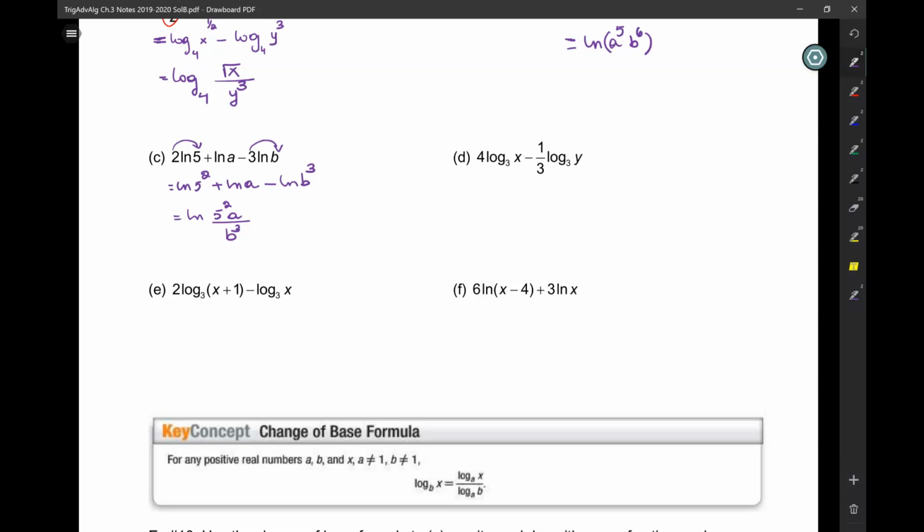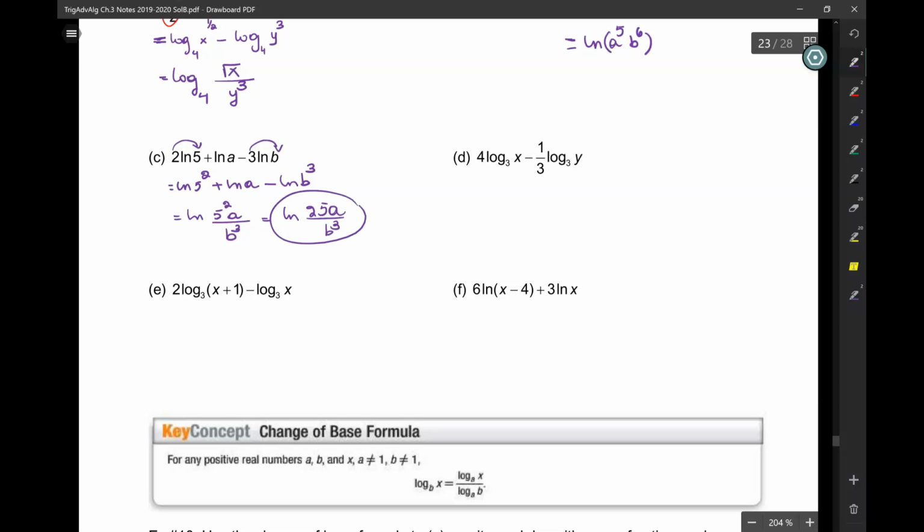Rule of thumb for my classes, as long as you get a number in the hundreds, 3 digits, multiply it out. But once it's a number that's going to give you like 1,000 something or 2,000 something, leave it in exponent form. So this one, we're going to simplify it as ln 25a over b cubed. Okay? Just so everybody's on the same page and we have our expectations and it's uniform and standard.